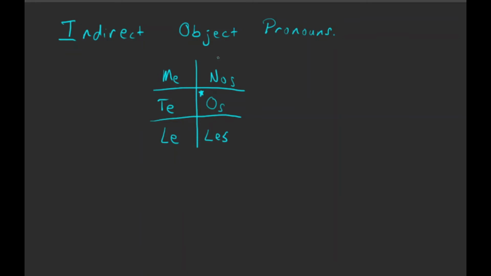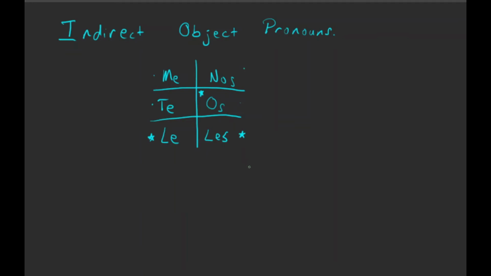One thing to keep in mind when you're talking about any type of pronoun, whether it is a reflexive pronoun, a direct object pronoun, or an indirect object pronoun, is that the first person singular, second person singular, first person plural, and second person plural forms usually do not change. So honestly, we only ever have to worry about learning something new in the third person singular or the third person plural forms.